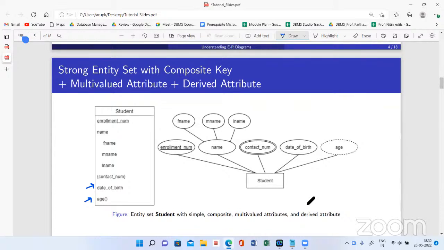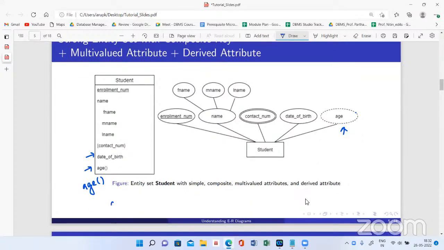So now this age will be called a derived attribute, and it basically looks like a function here. We say age, then open close parenthesis, and it is a dotted oval. You use a dotted oval. Now, what should be the table structure?